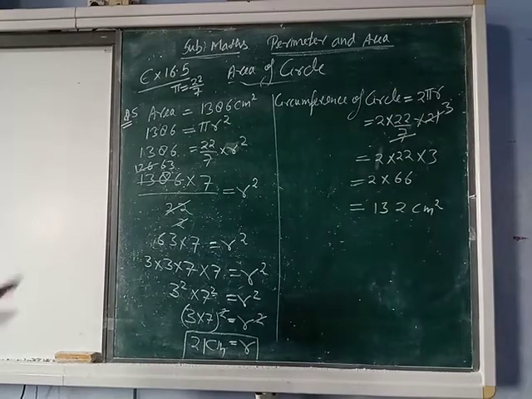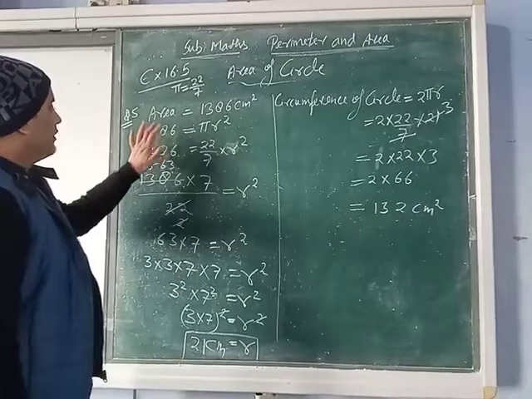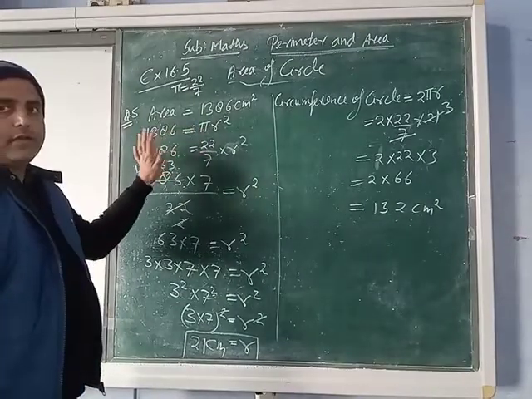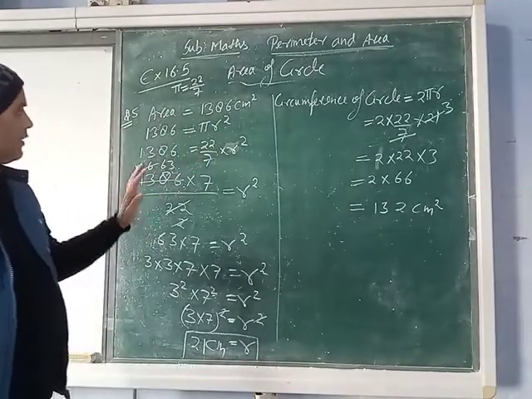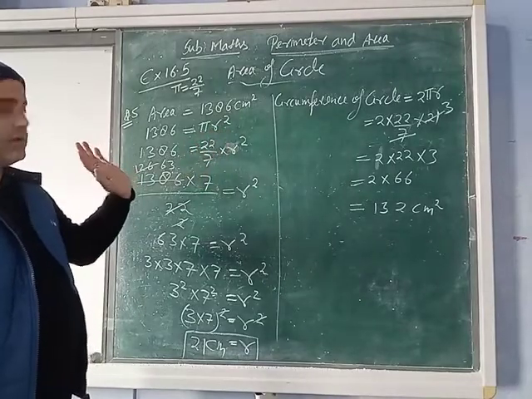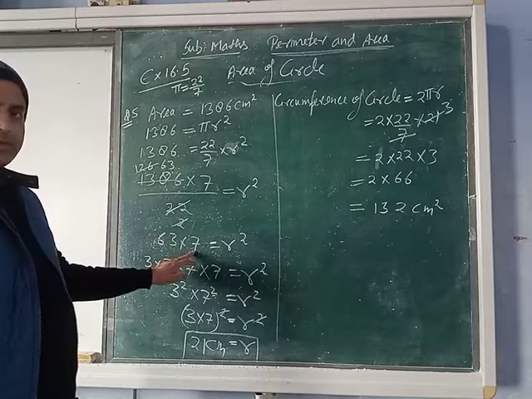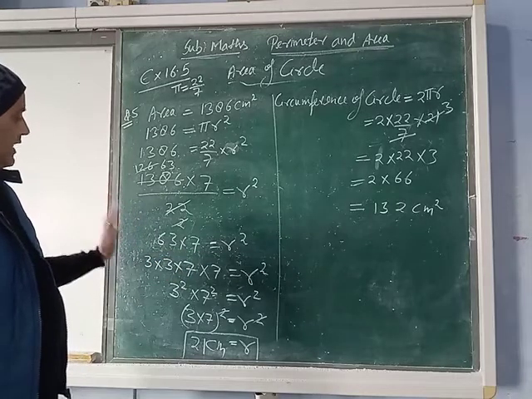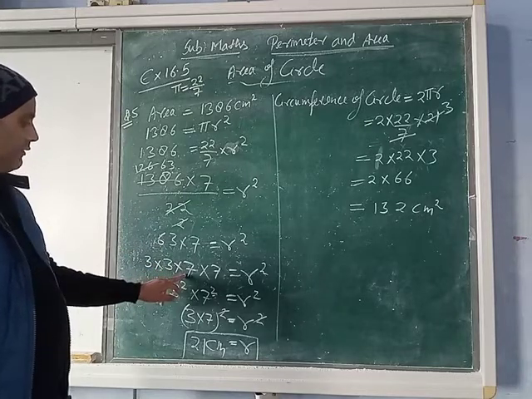In this question the area is given. So in place of area, write down the area of the circle, which is pi r square. So 1386, the value of pi is 22 by 7, times r square. Cross multiply, then what will you get? 63 is equal to r square. Take the prime factor of 63, that is 3 into 3 into 7.